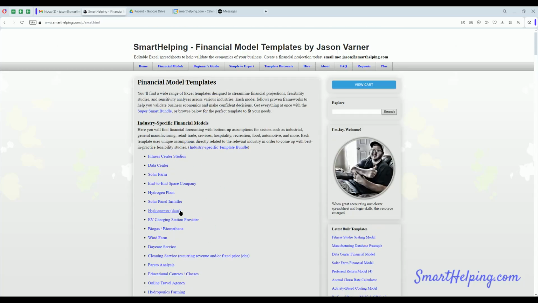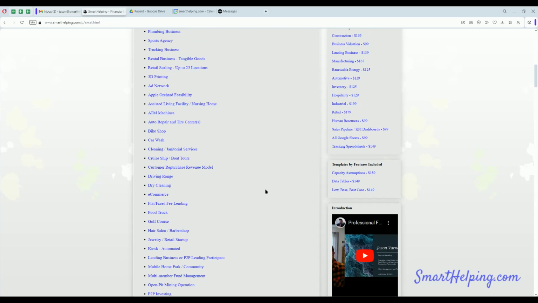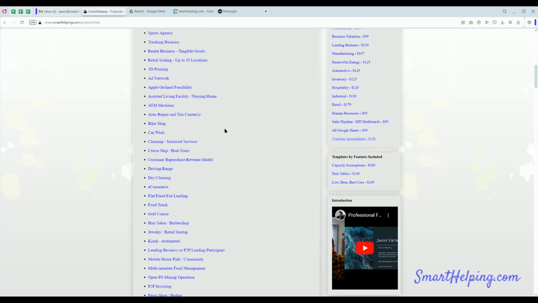But I don't really have a specific thing of startup tools per se, like a cap table, or when you're raising money between rounds, you're going to want to use this tool that we just went over today to understand the dilution effect through time. So I might do a new bundle, the start of a bundle, which is just going to have one template for now, and we'll add to it with specific startup tools. So we'll see there.